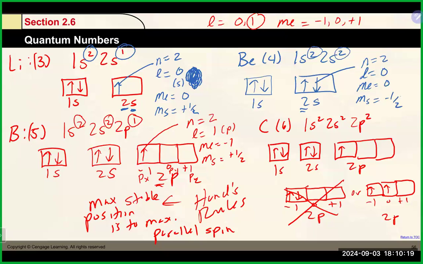When you have a subshell that has multiple individual orbitals, you always want to maximize parallel spin, which means we would fill up everybody with one going in the same direction till we run out of room, and then we have to go back and start pairing. So that is the rule. When you hit multiple orbitals in the same subshell, you will go parallel spin, and then when you run out of room, you will then start pairing. Any questions on that there?